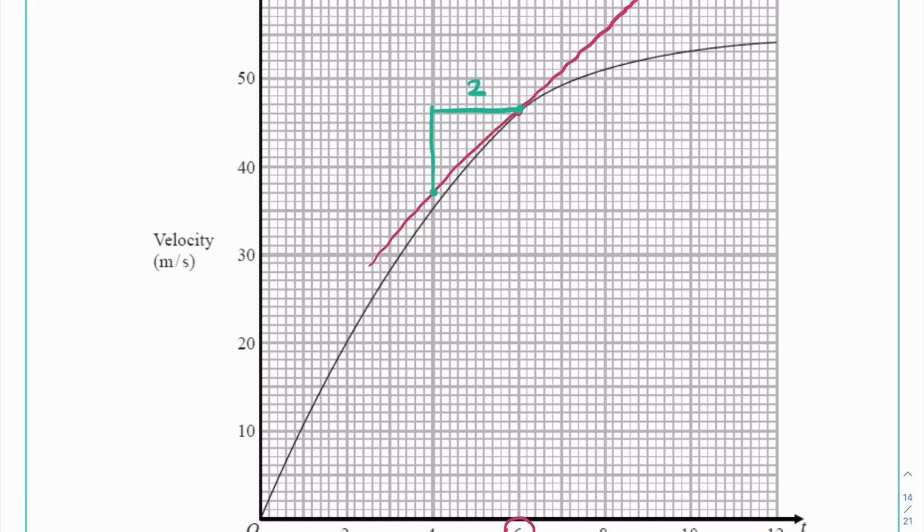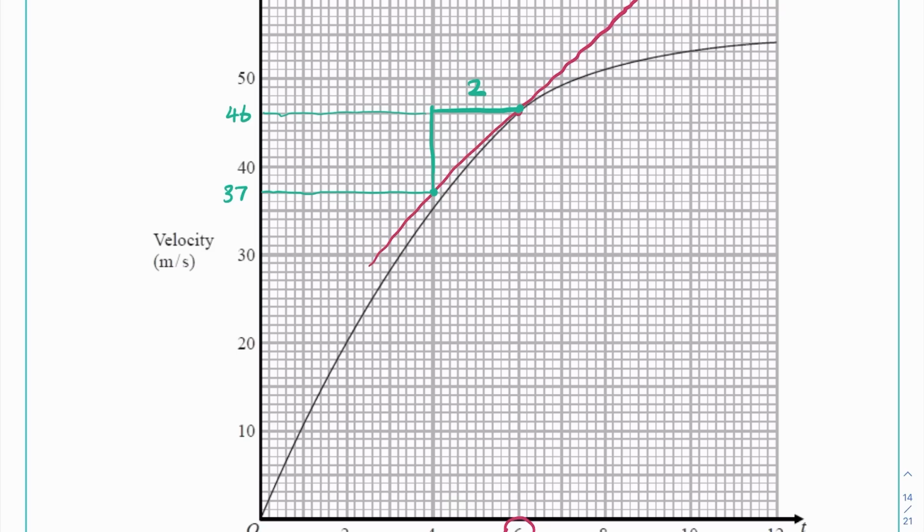Now that is a run, or a change in x of 2, and a change in y. I'm going to have to read it very carefully. Let's have a look. It's from there and here. Now that is 35, 6, 7, so that's 37 up to 40, 1, 2, 3, 4, 5, 6.